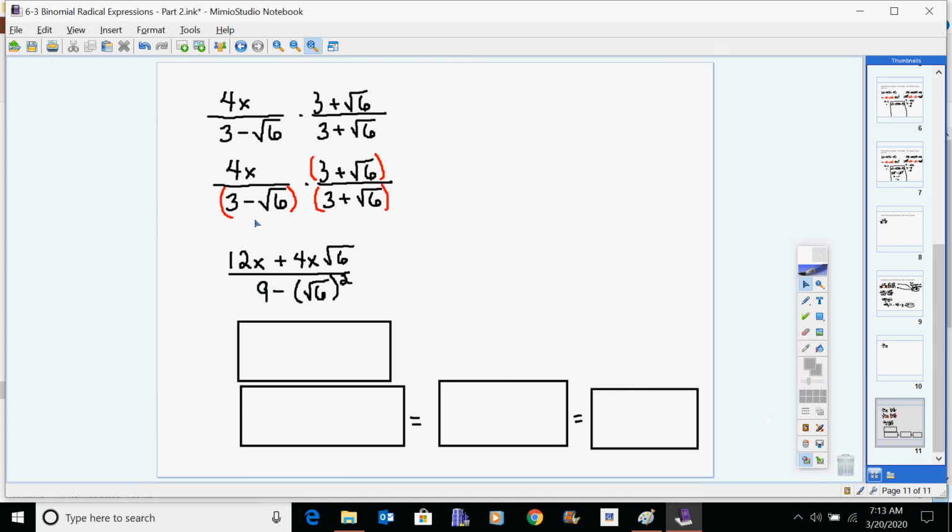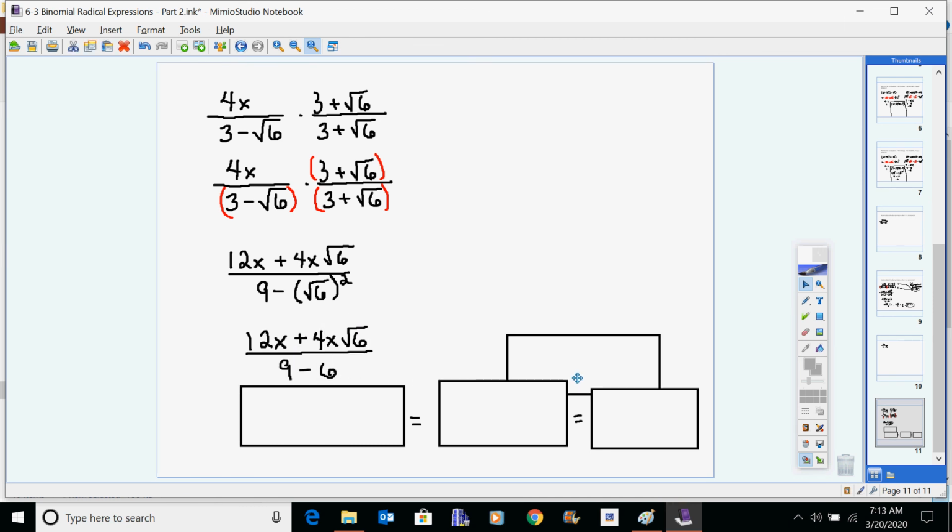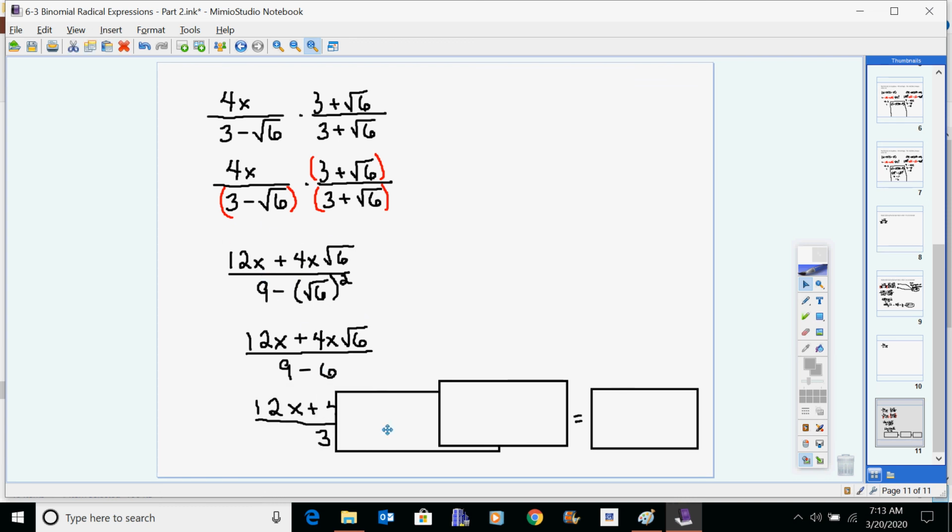Once again, that nice little shortcut because these two match but are opposite. The denominator becomes 9 minus 6. This can't simplify here. And we end up with this answer. Now, quite honestly, because both of these are not divisible by 3, if you wanted to, you could just stop right here and this answer would be fantastic.